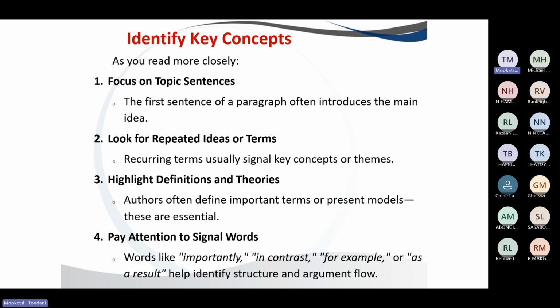So the first sentence of a paragraph often introduces the main idea. That is just a general rule on how textbooks are written and articles are written. So when you look at the first sentence of a paragraph, then you will be able to see what is the main idea there. Then look for repeated ideas or terms.